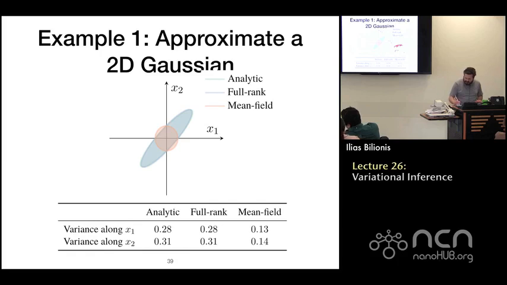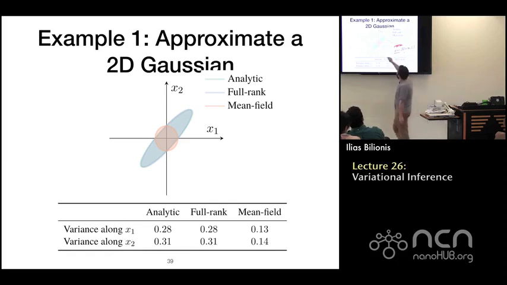Their true distribution is a Gaussian centered at 0 with a covariance, and they just want to approximate it with another Gaussian using variational inference, just to verify that what they're doing makes sense. Because if your posterior was a Gaussian, and you try to approximate it with a Gaussian, and you don't find it, there's something seriously wrong with what you do.